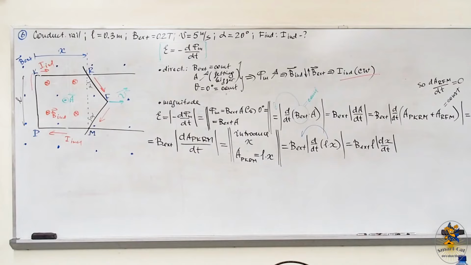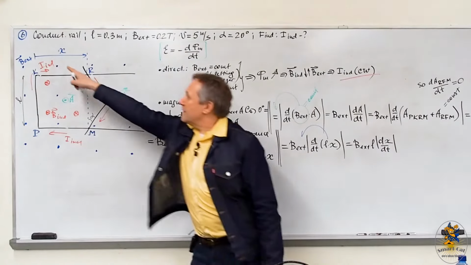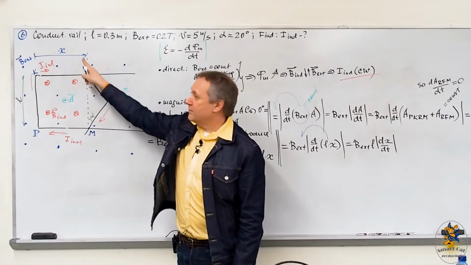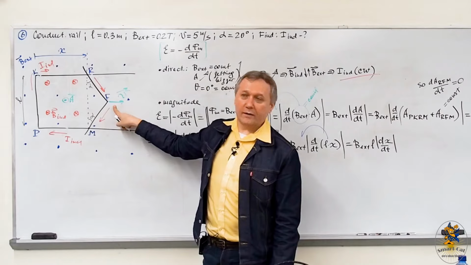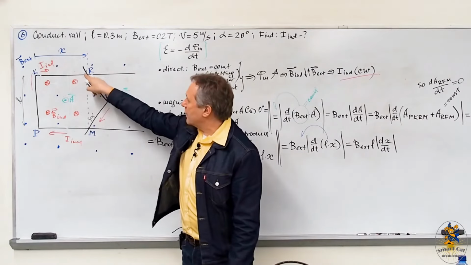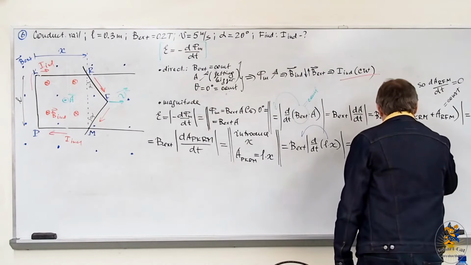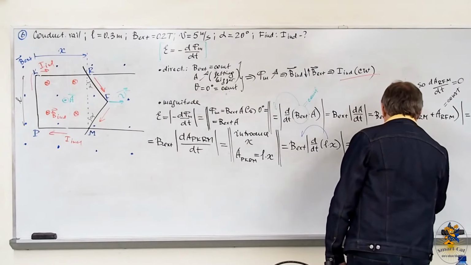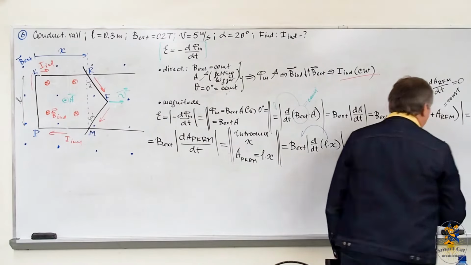And dx over dt is how fast this x changes in time. It's a velocity, the velocity with which we drag this rod and of course these points that way. So we have as a result B external L times V.